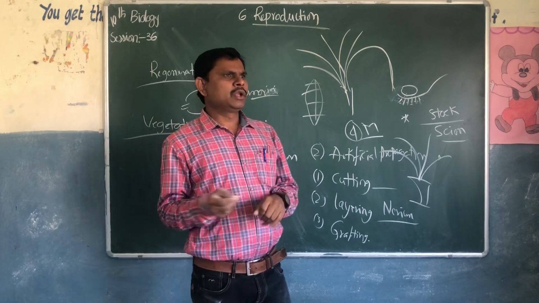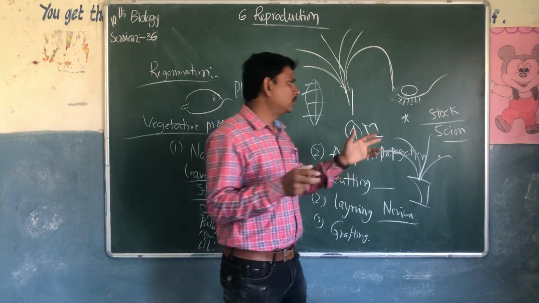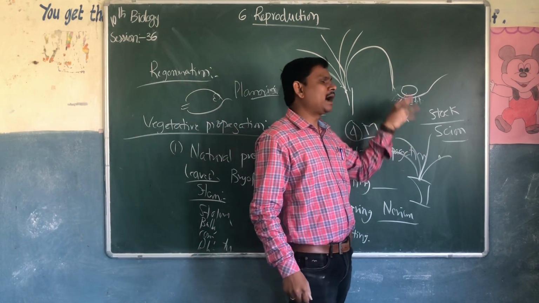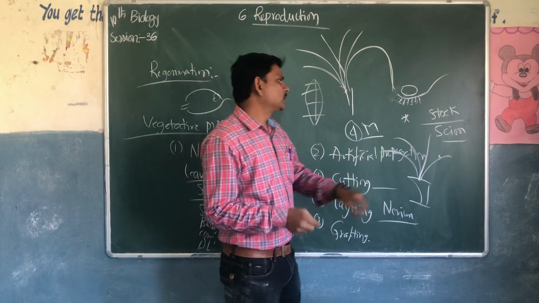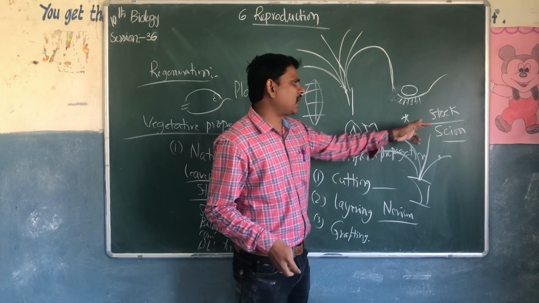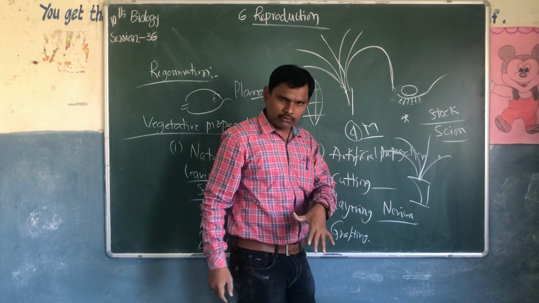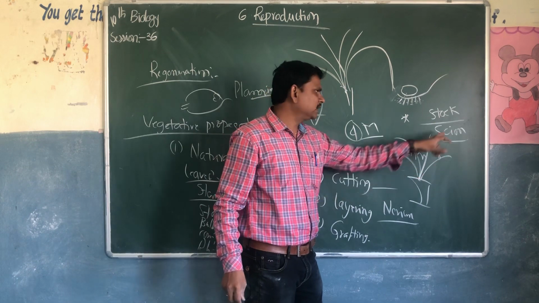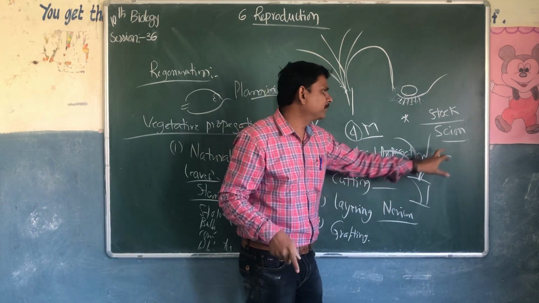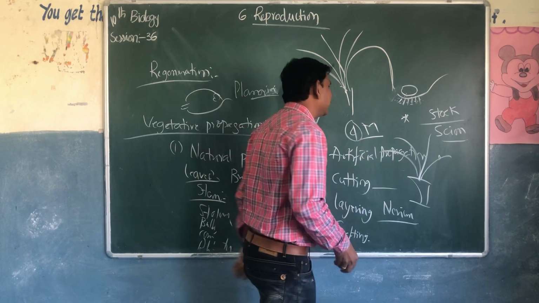Actually, the local varieties are very small. Now we can graft the local variety guava and the hybrid variety guava. The plant attached to the ground is called the stalk. This is the stalk guava plant, it is in our house. It's a local variety. Now we graft the hybrid variety, which is called the scion.